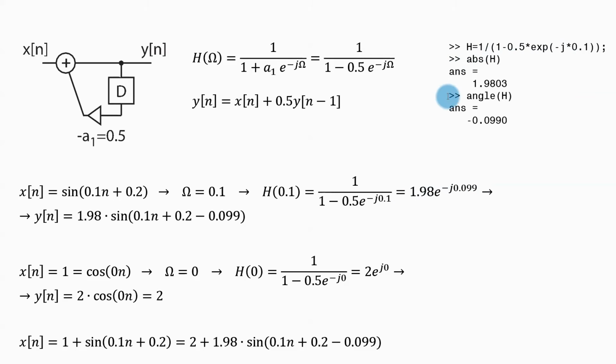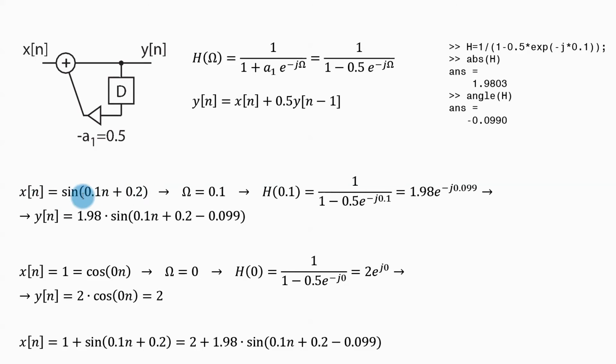By the way, this is the code which you can use in MATLAB to get this. And when I take a look, this is the magnitude of my frequency characteristic, and that is going to tell me how the signal at this frequency is going to be amplified, and this is the phase of my frequency characteristic, and that tells me how the signal at this frequency is going to be phase shifted.